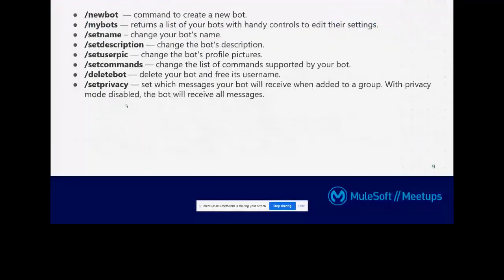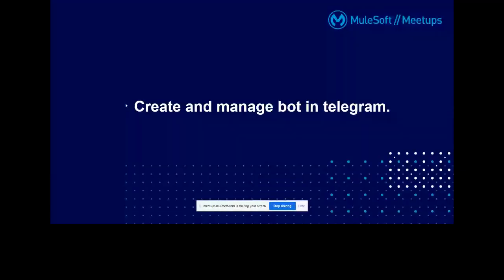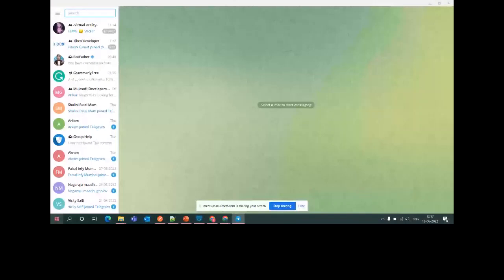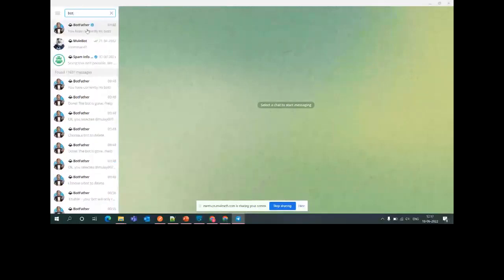So let us now see how we can create and manage a bot in Telegram. Let me quickly open the Telegram desktop application. Once you come to this application, you need to search for BotFather, and we need to select the very first one, because this blue tick indicates that it is the genuine one.